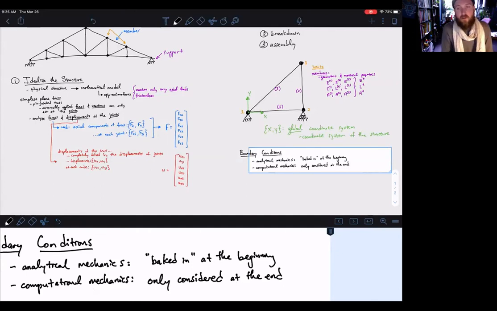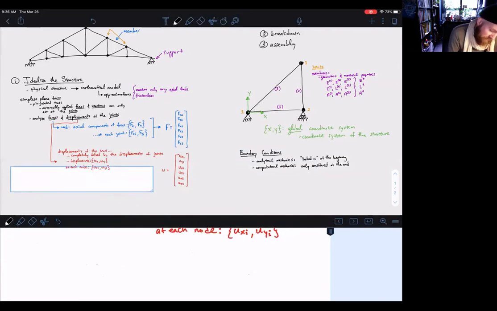Okay, so displacements of the truss are defined by displacements of the joints. We know that externally applied forces and reactions can only act at the joints. So if we know the forces at the joints, we can solve for the displacements at the joints, but there's going to be something connecting these. If you recall from a simple spring, you typically have the force equal to some stiffness, K, times the displacement. Let me write this out as a reminder, because that's basically what we're going to be doing.